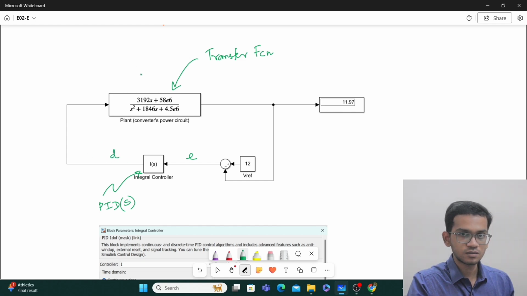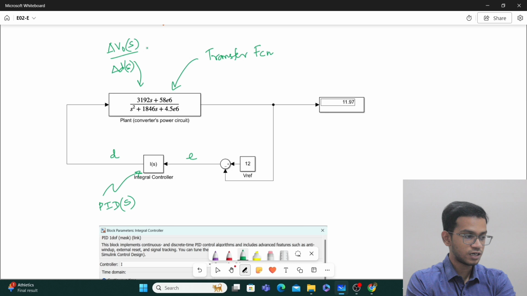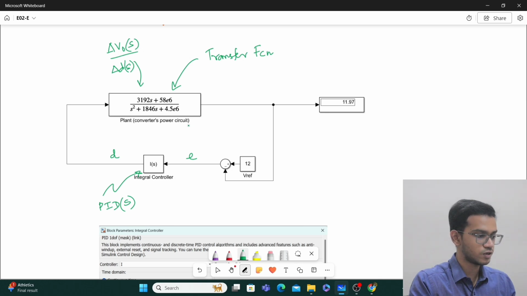And this plant is nothing but your representation of del V naught of S by del D of S. Now we will clearly understand why this transfer function is the one which we require. Because when you are doing voltage mode control, the output of the plant is a voltage and the input to the plant is duty ratio.